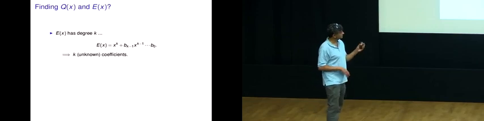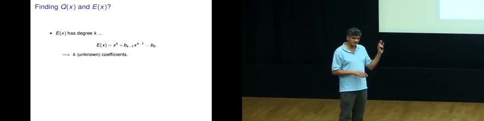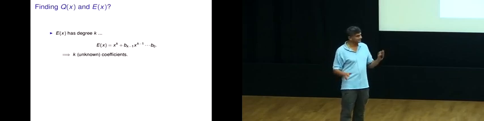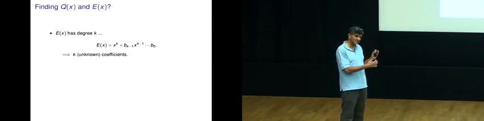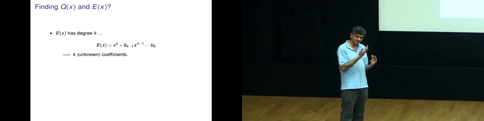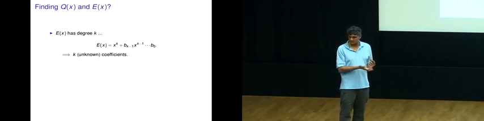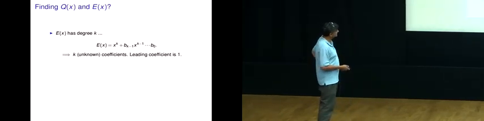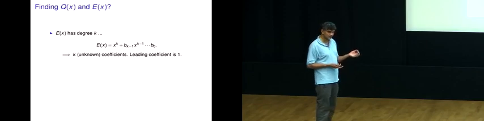The reason I'm using b here is so as not to confuse you with the e sub i's. The e sub i's are where the errors are. The b sub k's are the other representation of polynomials, where you write them as the coefficients. So the leading coefficient is 1. Why not? Because we only care about where the zeros are.